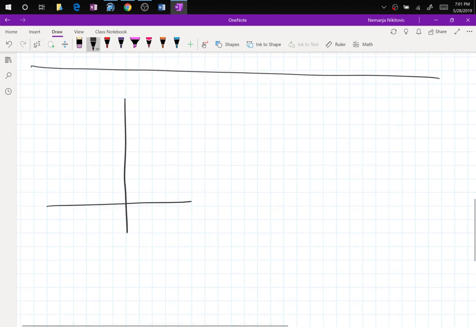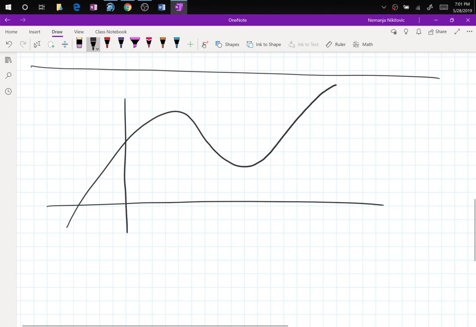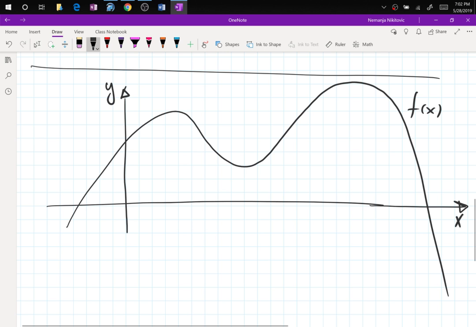So this is going to be a random function, it's f of x, black, right? And now I want to draw the derivative just by looking at this.